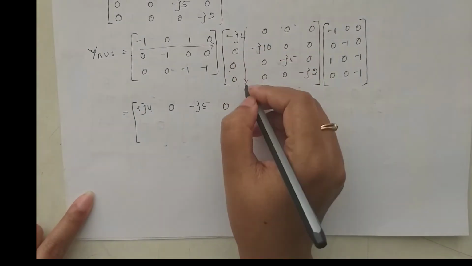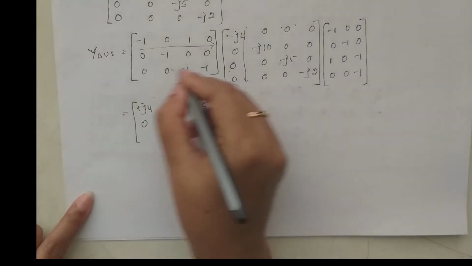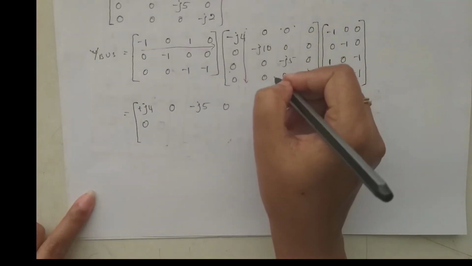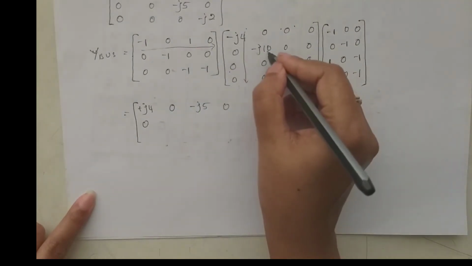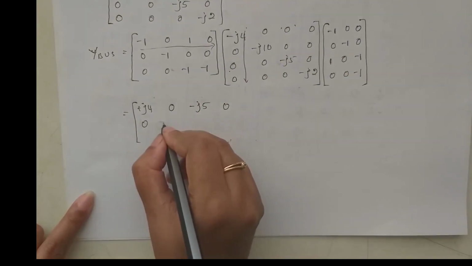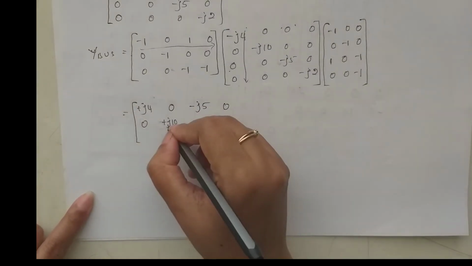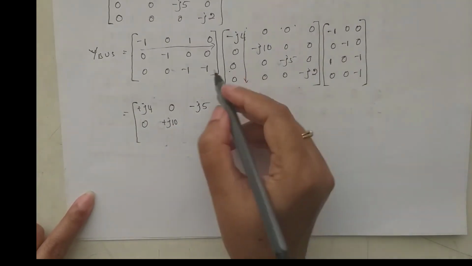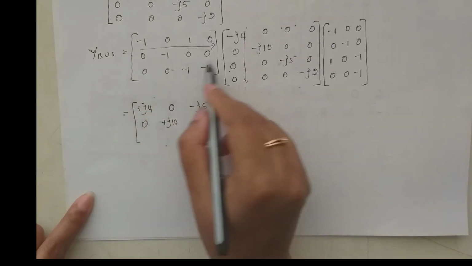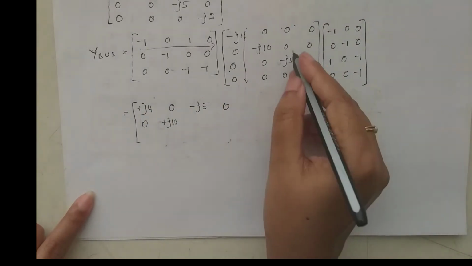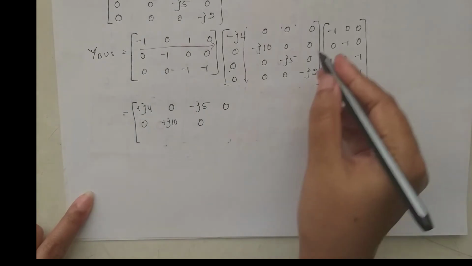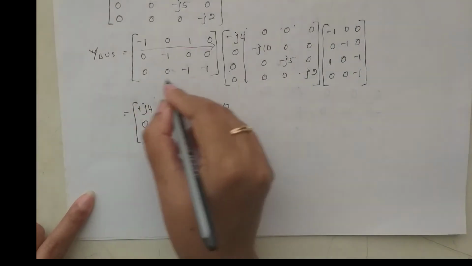Second row with the first column it is 0. Second row with the second column, minus 1 into minus j10 is plus j10, added with 0, so it is plus j10 only. Second row with the third column it is 0, with the fourth column 0.